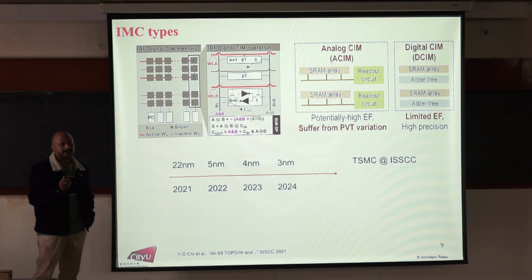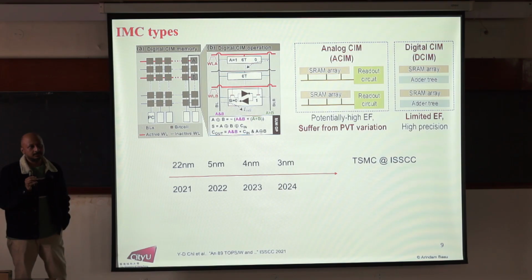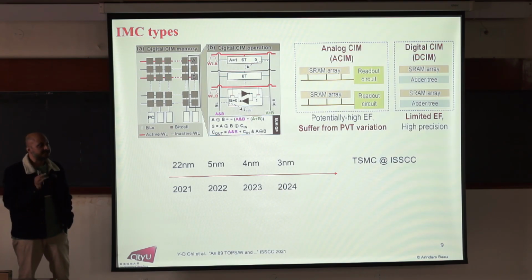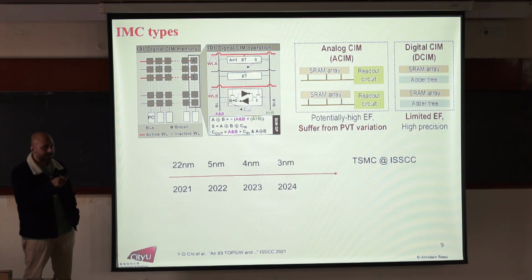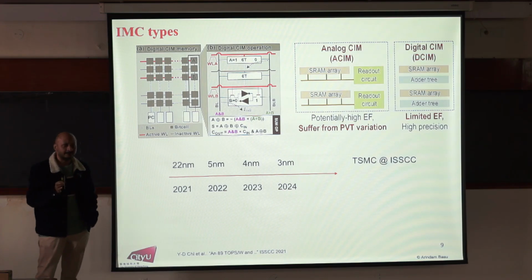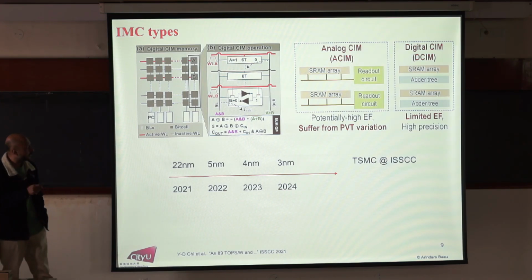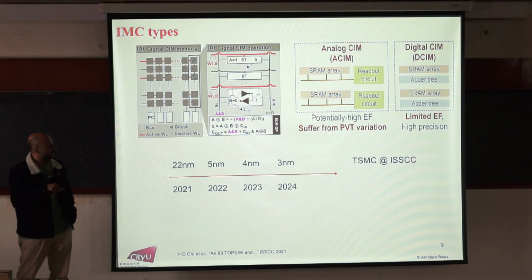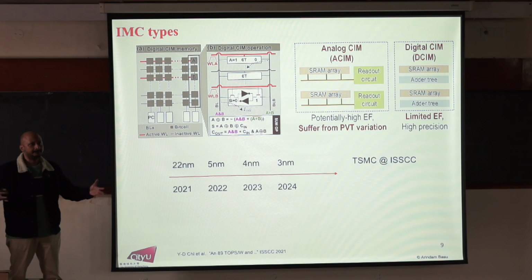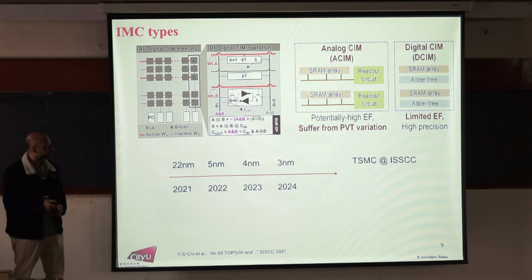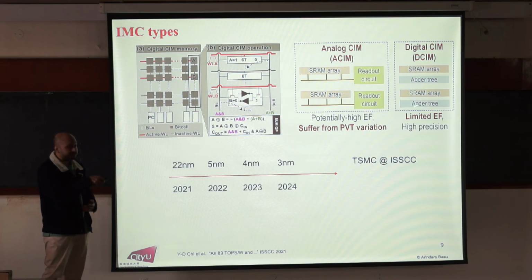That generally limits the number of bits, the precision that you can get using this computing. Typically 6 bits, sometimes 8 bits, that's generally the limit. But for these digital systems, you can keep on increasing the precision by adding more and more clock cycles and bigger adders. But of course they have limited energy efficiency.